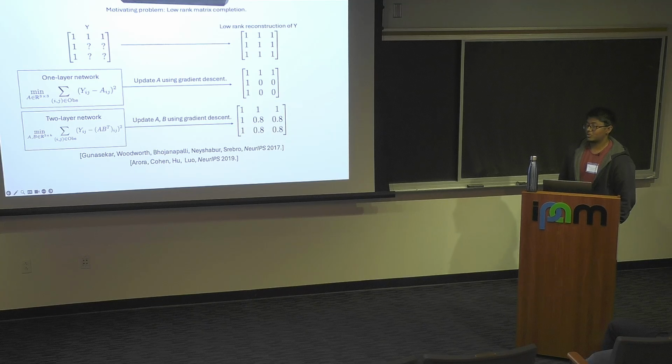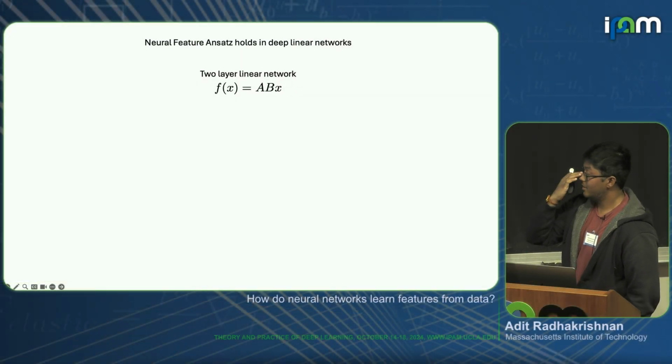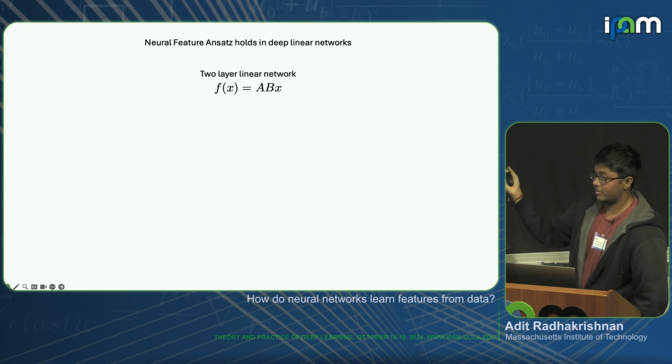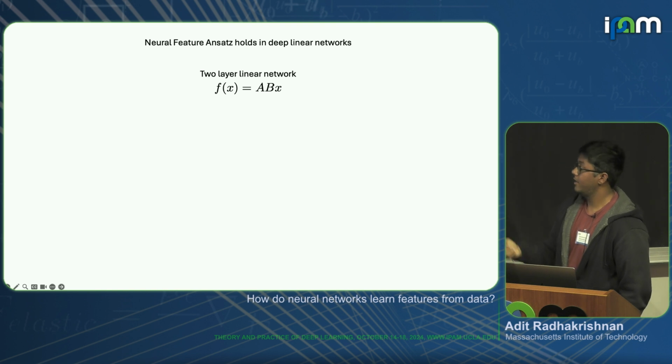So the question is, we've developed all of this theory for AGOP and RFM, how does any of this apply? Can we use this theory to actually recover the existing behavior we see with neural nets? What I want to start with is a proof that the ansatz that we have holds in this setting. How does the proof go? Instead of focusing on the matrix factorization case, let's focus on something like linear regression.